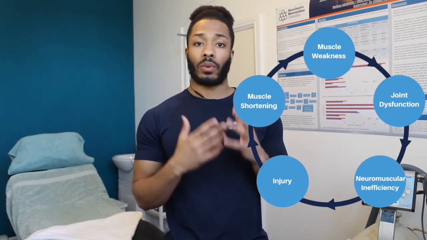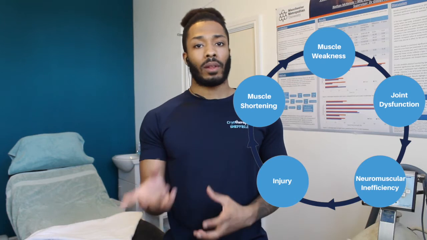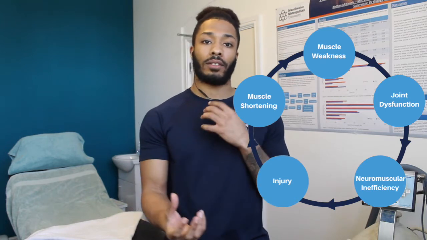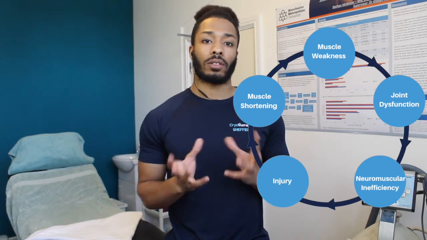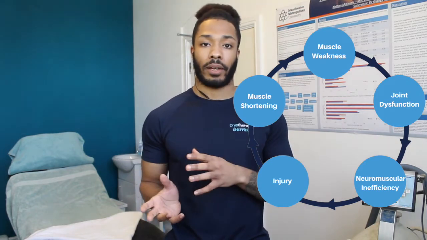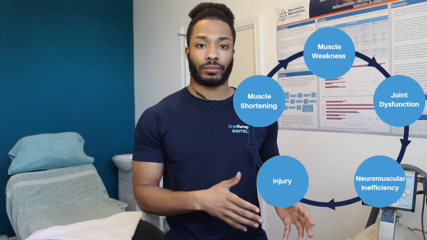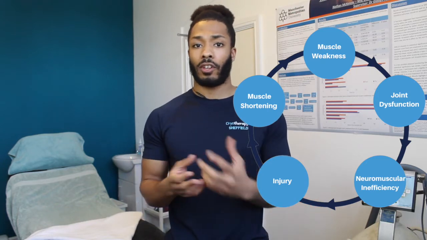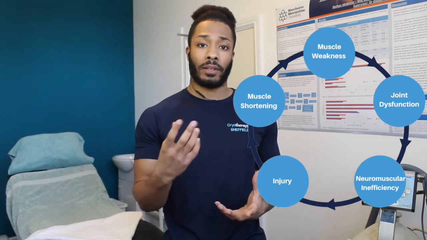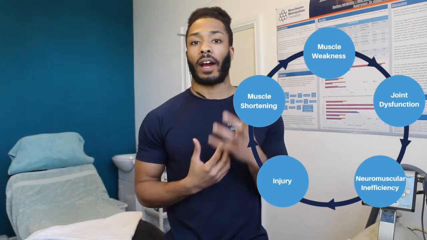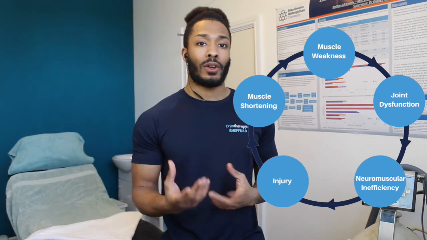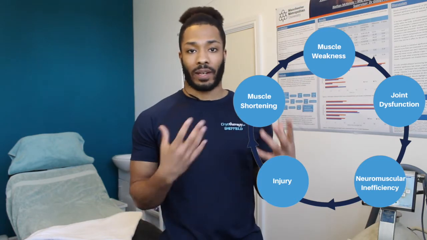If that muscle weakness occurs, then in order to cope with the demands of this new stimulus, the body will start to alter joint mechanics and joint function. This altered joint function can then lead to neuromuscular inefficiency.